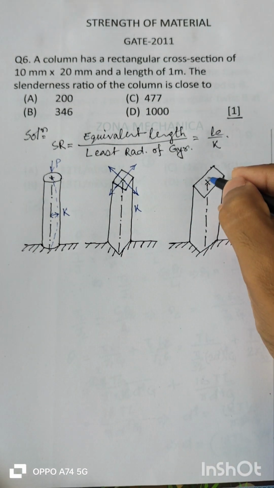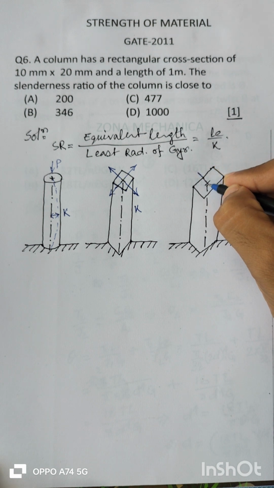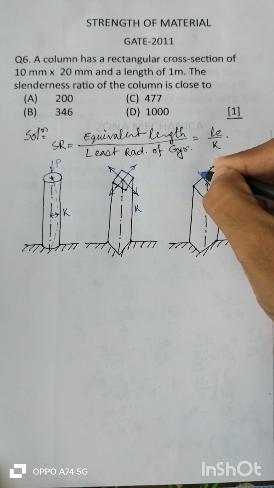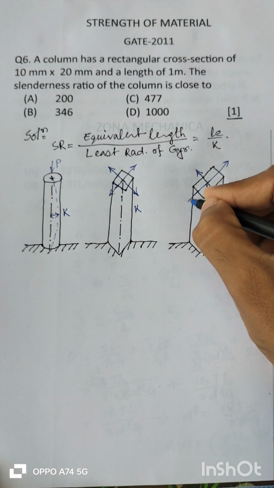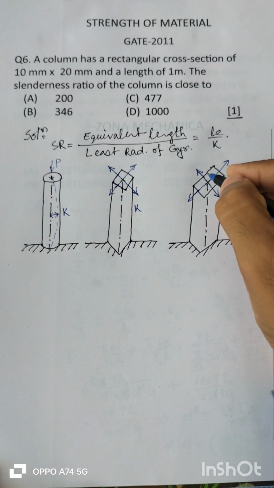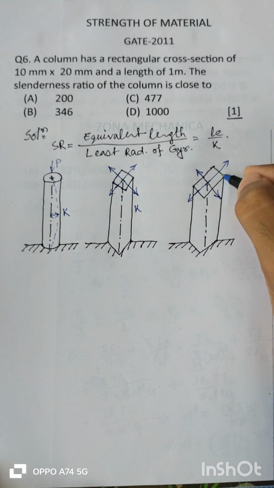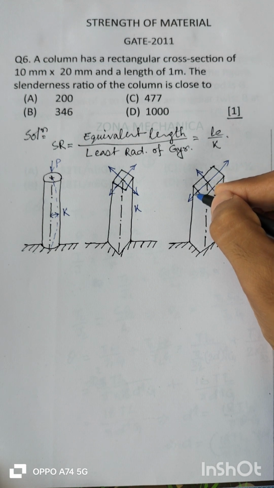But in case of rectangular cross section, it may buckle in two directions, either in this direction or in this direction. In this case, since these two sides are not equal, the radius of gyrations will be different in two cases.